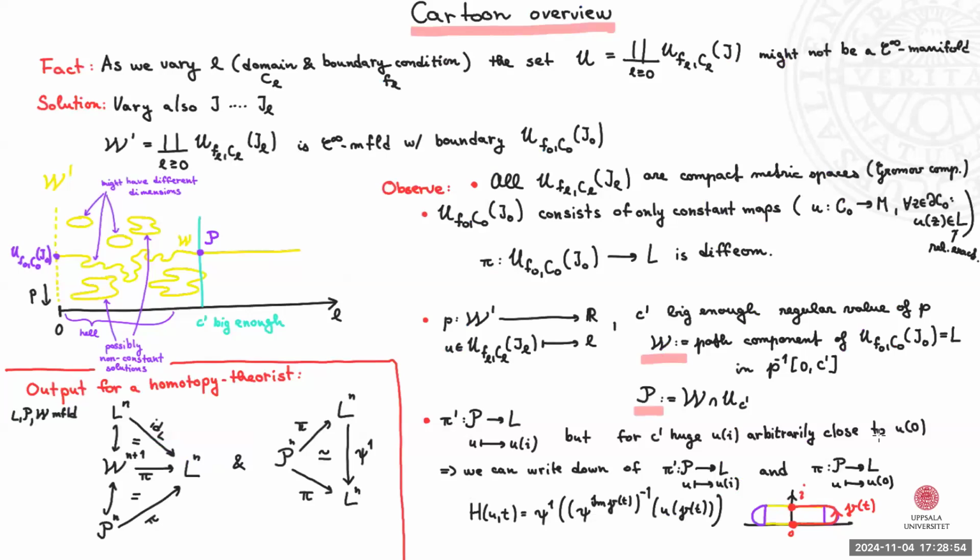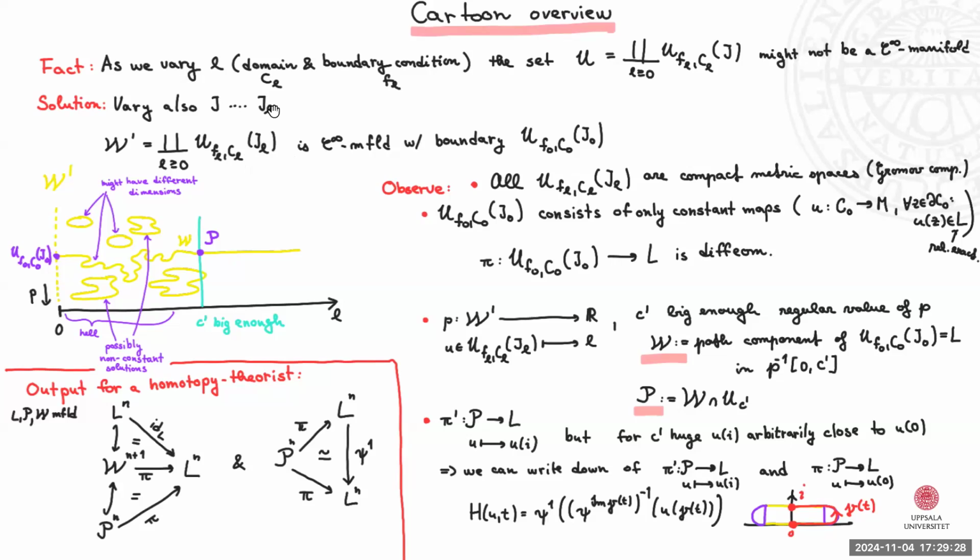Okay, so what is the cartoon overview of the proof of the theorem? As we make the L bigger and bigger, the space of solutions of this PDE might be super nasty. So we analytic people say, okay, we are going to save you: if you also vary the almost complex structure, it's going to be a smooth manifold.